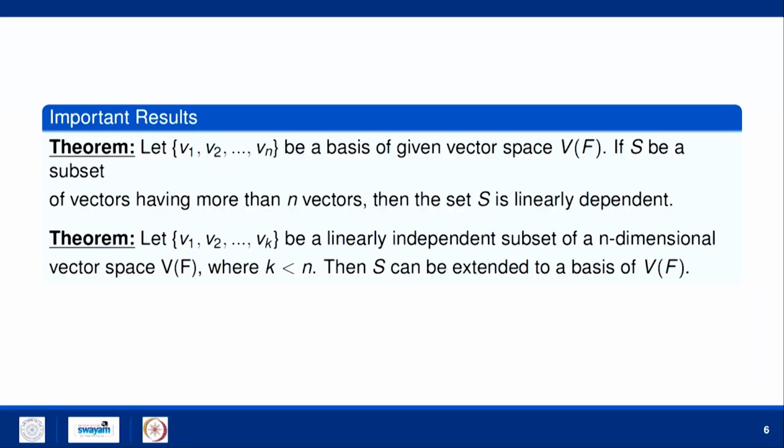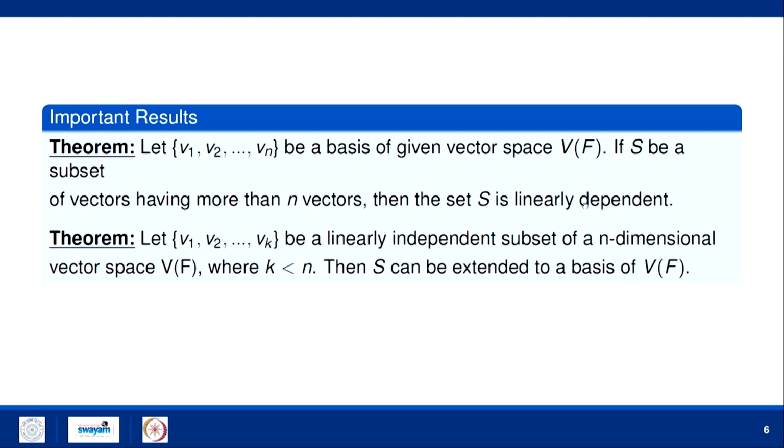Now, come to some important results related to the basis and dimension. My first result is: let V1, V2, ..., Vn be a basis of an n dimensional vector space V over F. If S is a subset of vectors having more than n vectors, then the set S is linearly dependent.